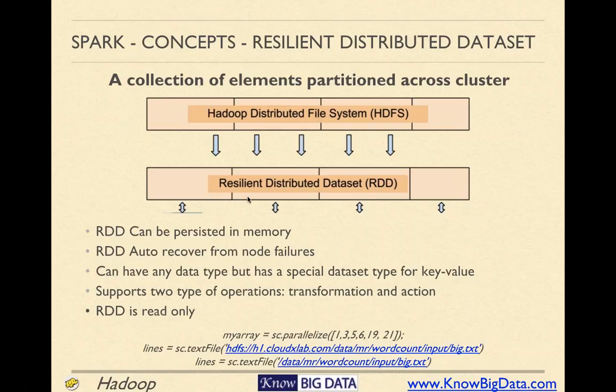We are creating a mapping. So partition 1 maps to this block from this location to this location. Partition 2 is composed of two blocks, one from this location to this location, and the other from this location to that location. So basically, an RDD is a mapping of the actual location of data to a partition.